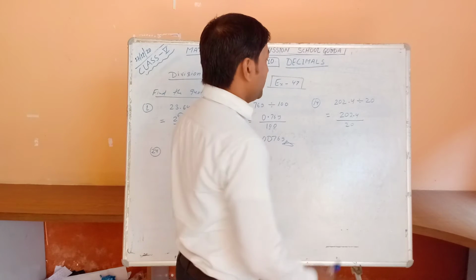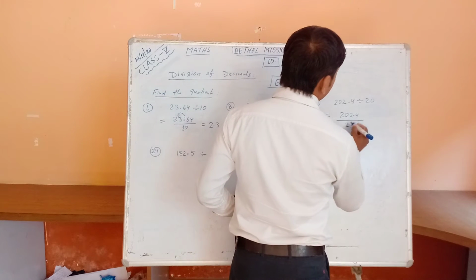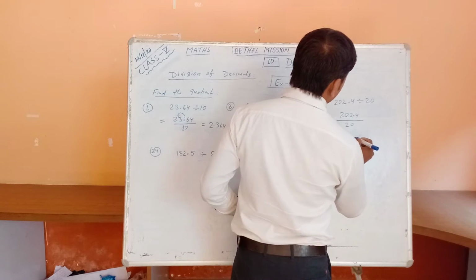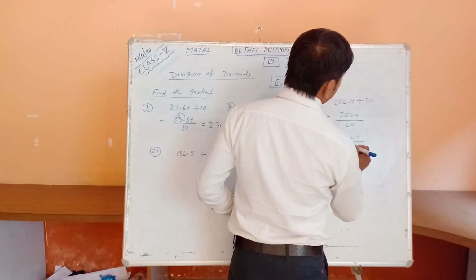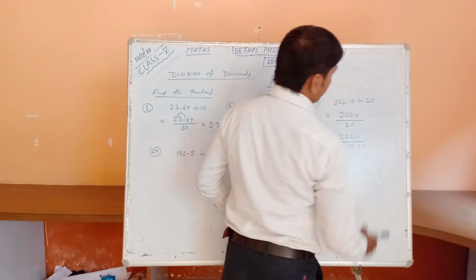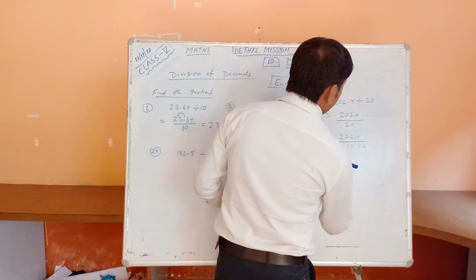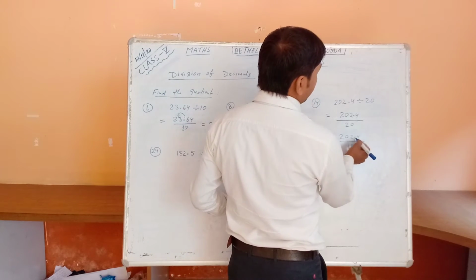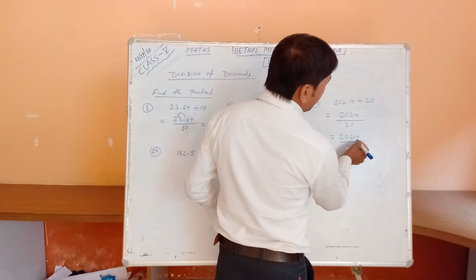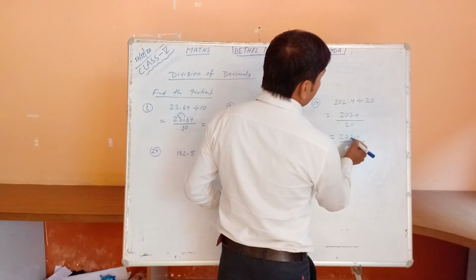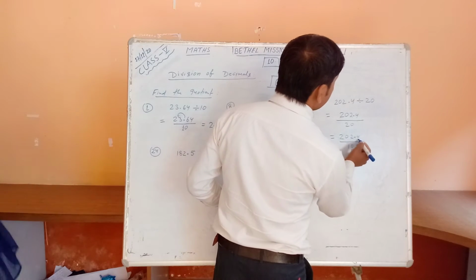Now this one is a little tough, so first write it in p by q form. And 20 we can write as 10 into 2. Okay, now we divide. First we increase the decimal place. By 10, when we divide, the decimal place increases by 1.